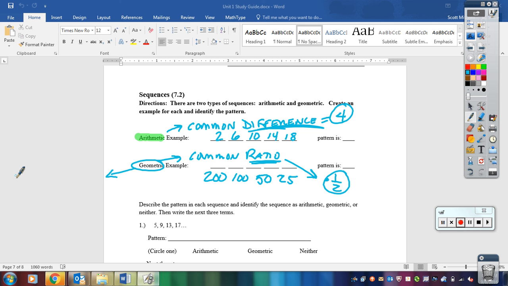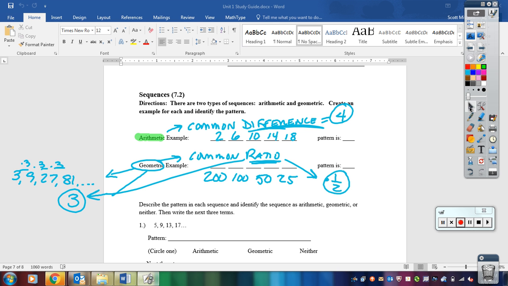Another example of geometric: 3, 9, 27, 81. In other words, times 3, times 3, times 3. The common ratio for this example would be 3, because I'm multiplying by 3 each time.